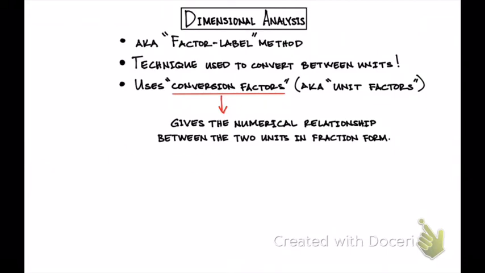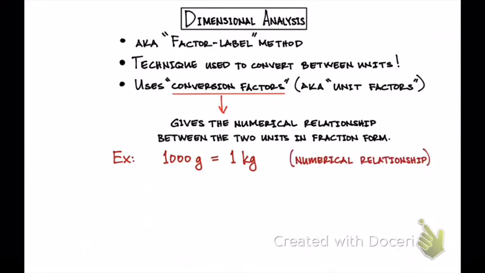Okay, and so let's say, for example, we have 1,000 gram is equivalent to 1 kilogram. So this is the numerical relationship between the two units. Okay, it's 1,000 gram equals 1 kilogram. And so when you convert this into a fraction form, you can do it in two different ways. The first one looks like this.